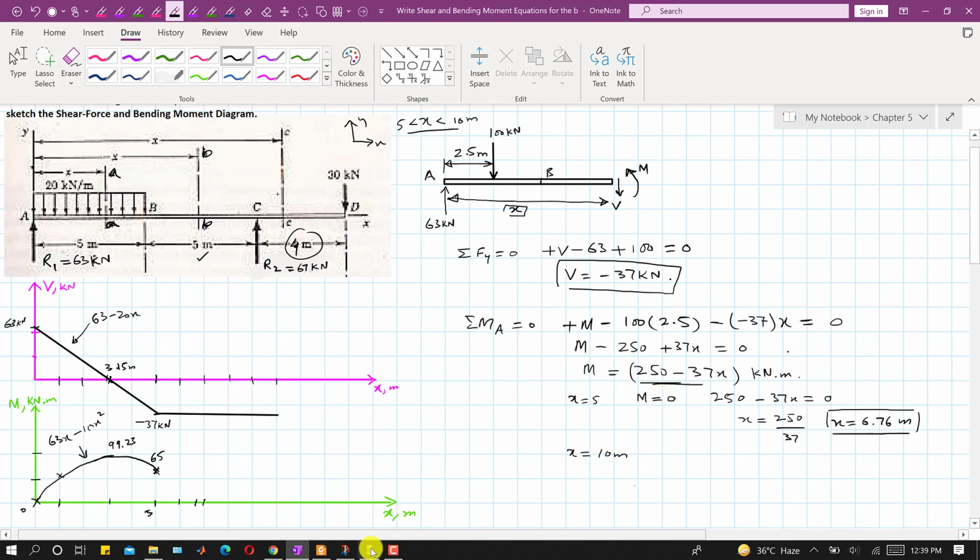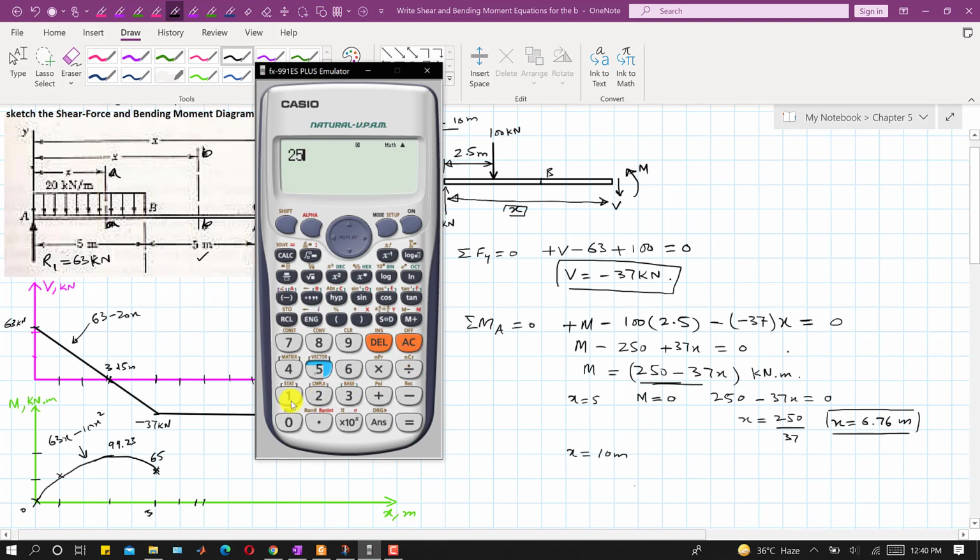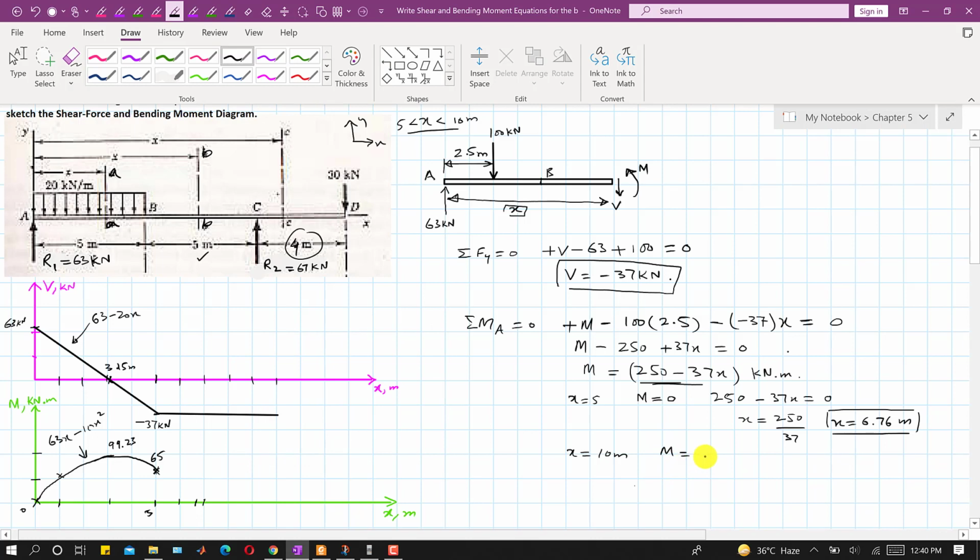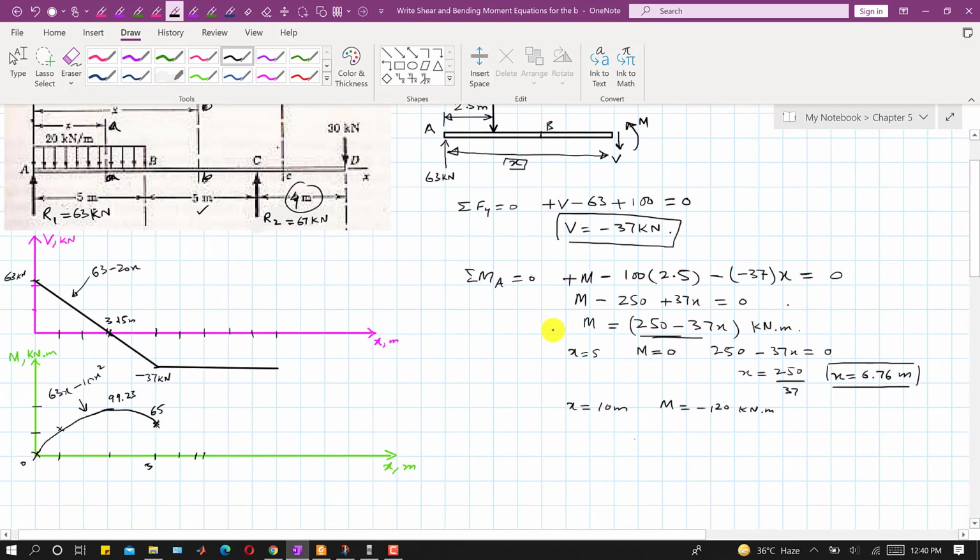And at x equal to 10 meters, if I put x equal to 10 in this equation, this is 250 minus 37 into 10, so that gives us minus 120. So the moment at x equal to 10 is minus 120 kilonewton meter, right? And this equation represents the straight line equation. So at x equal to 10, this is 5, 6, 7, 8, 9 and 10.